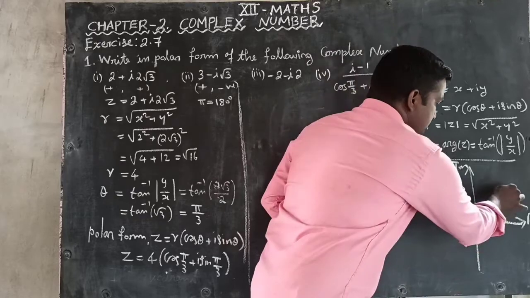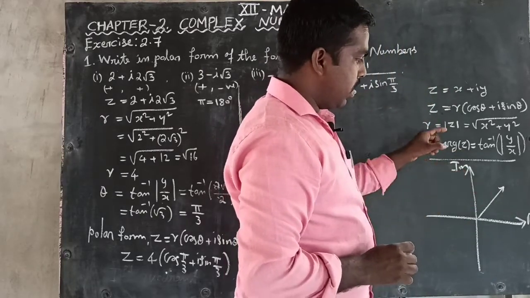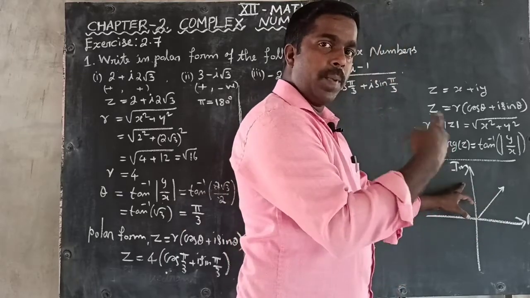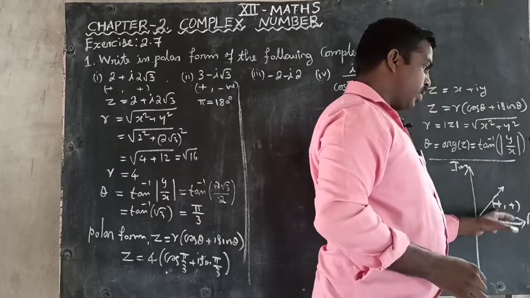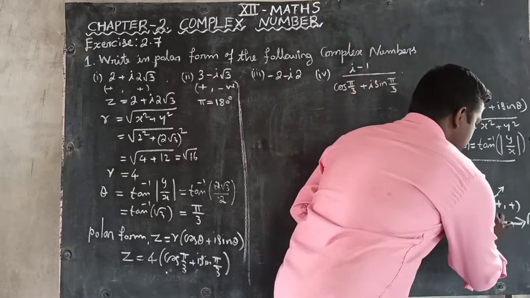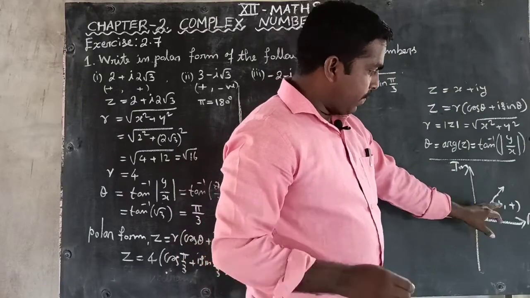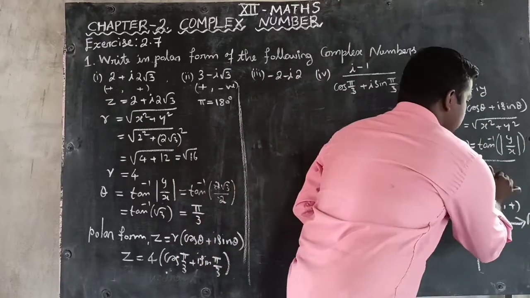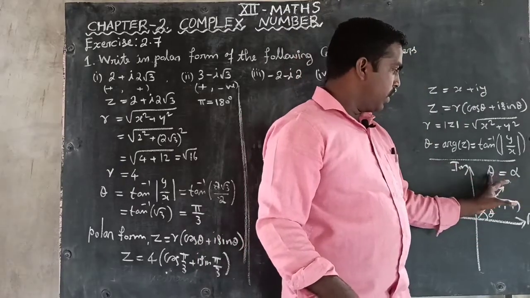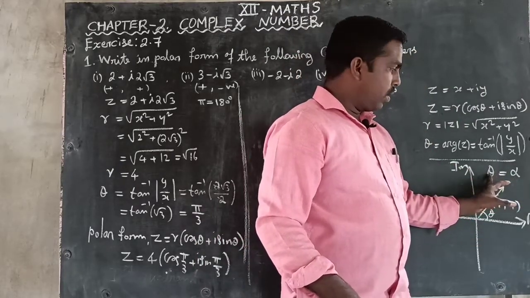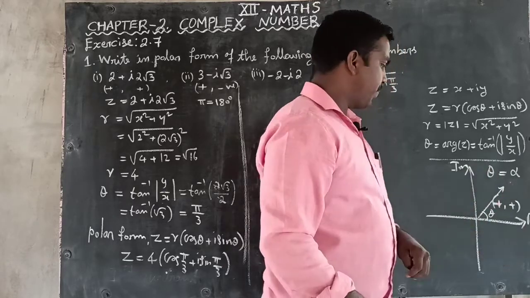The first quadrant value is where the real and the imaginary parts both are positive. So real positive, imaginary also positive. So theta is nothing but the argument value. In the first quadrant we have the formula theta is equal to alpha. Alpha is the actual value.